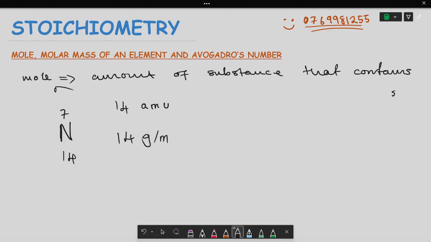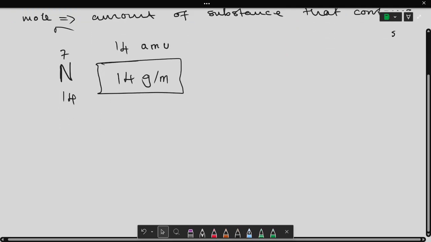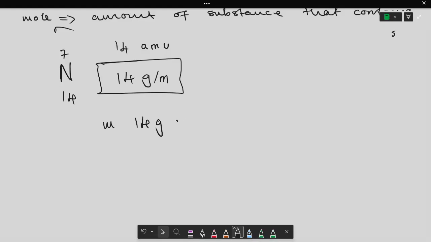So what does this mean? It means that 14 grams of nitrogen is equal to 1 mole of nitrogen.